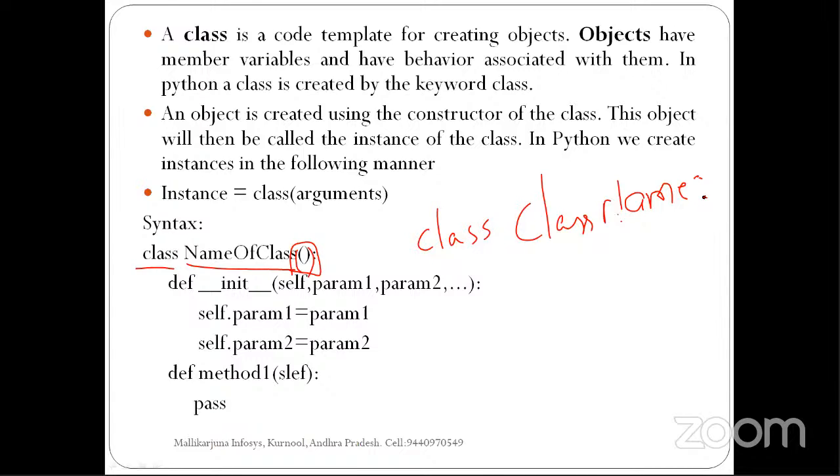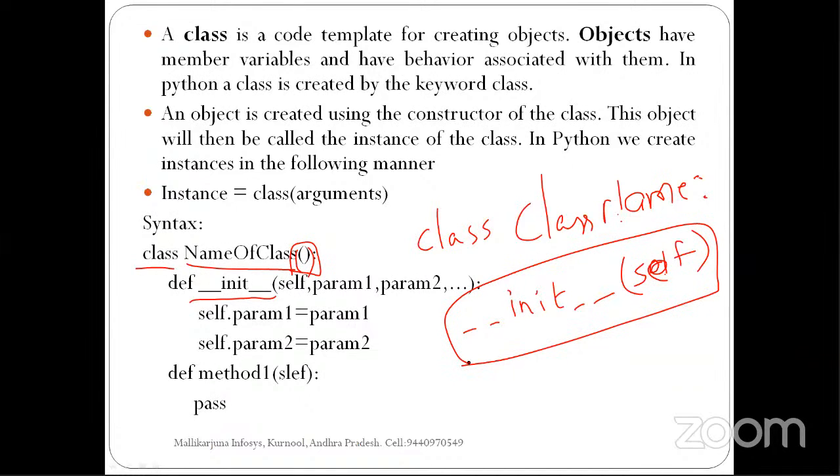Every class has one special method called __init__, with underscore underscore init underscore underscore, and self is the default parameter. Maximum every class should contain this method.